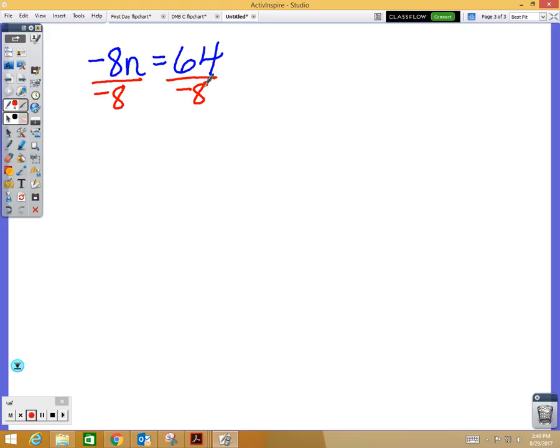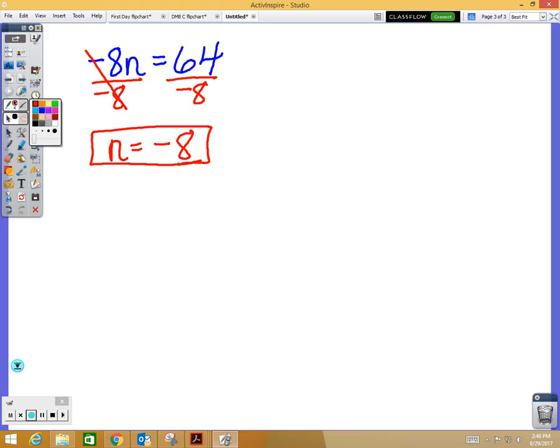Sam, do you have a question? So multiplying by 8 and dividing by 8 cancel. Now, is that going to be a positive or negative 8? Because the signs are different. So when multiplying and dividing, same sign positive, different signs negative.